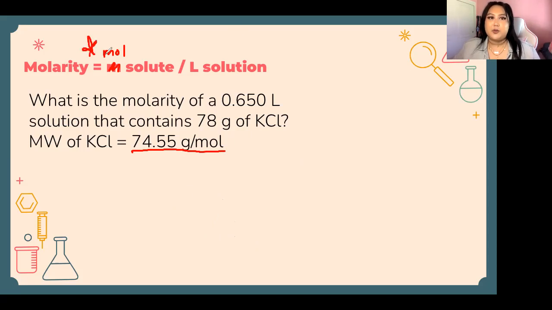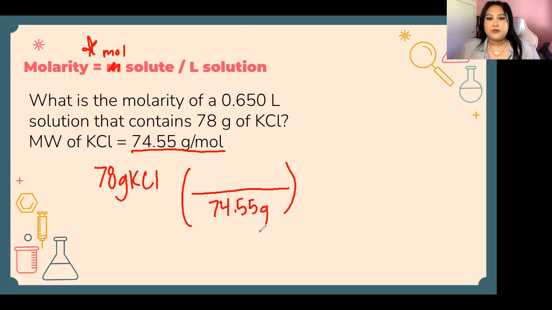Because we want this in moles, and this is given in grams, we can convert this into moles, which is 74.55 grams per 1 mole. So what does that become? 1.046 moles, okay.